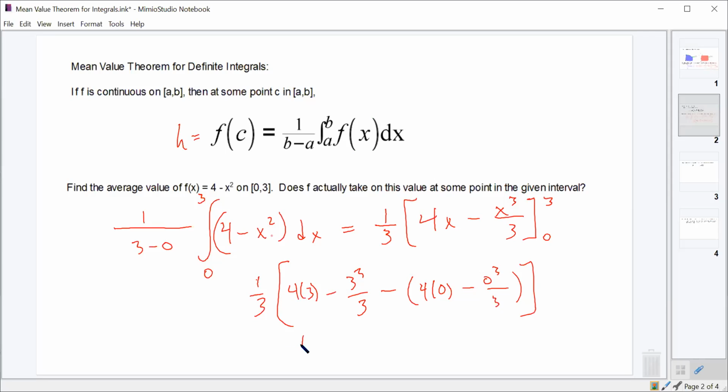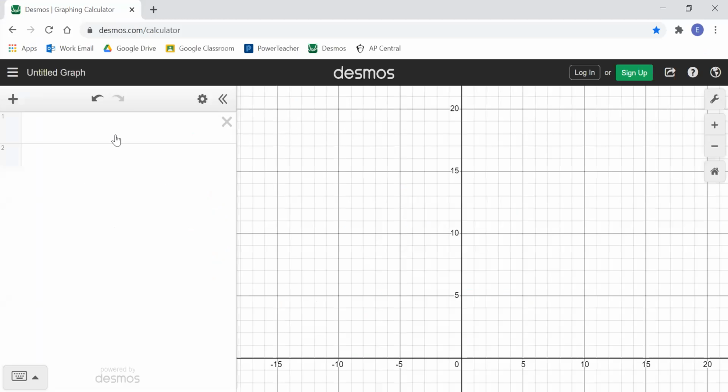So what do we have here? We have 1/3 of 12 minus 27 over 3. We get 1/3 of 3, or 1. So the average value of the parabola 4 minus x squared between x equals 0 and x equals 3 is 1. And just for fun, we can look at 4 minus x squared.